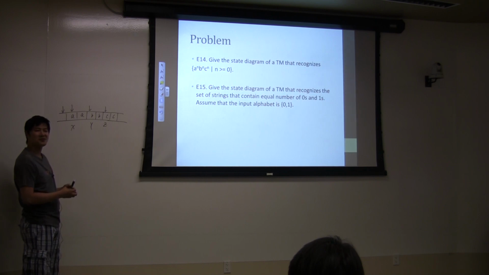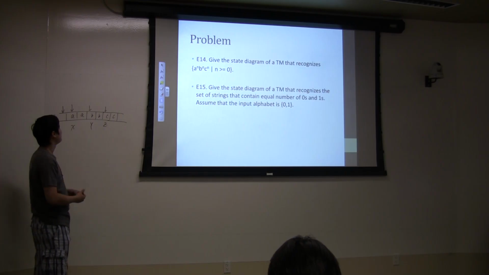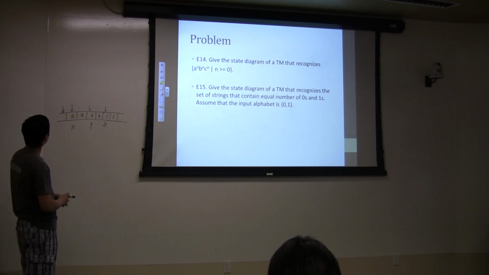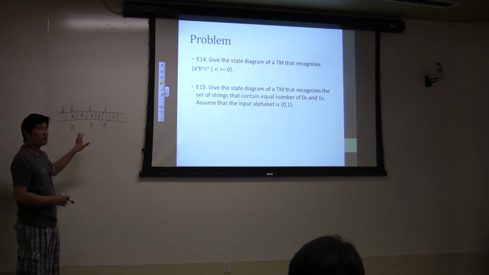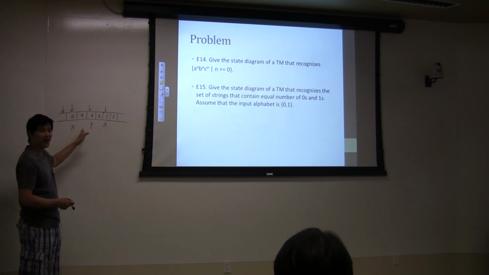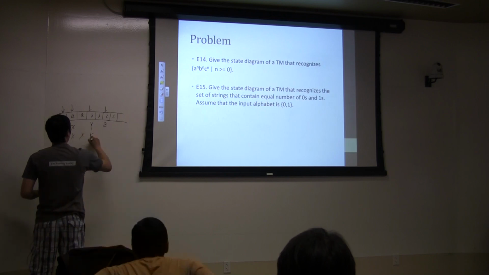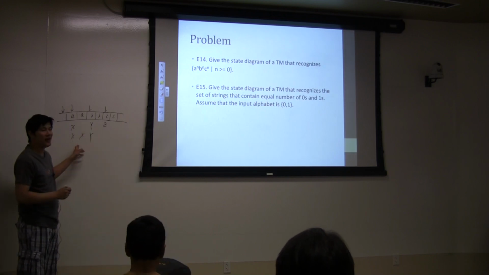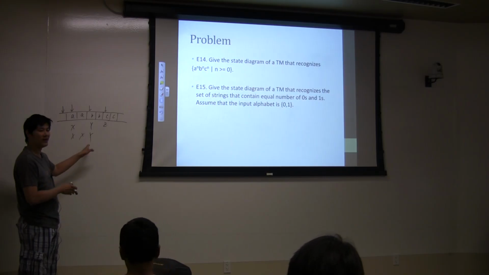Now, can you describe this algorithm using states and transitions? Sorry, I haven't finished. You keep iterating. When do you stop? When you don't see any A. For example, when Y follows X directly, then you stop because you read no more A's.